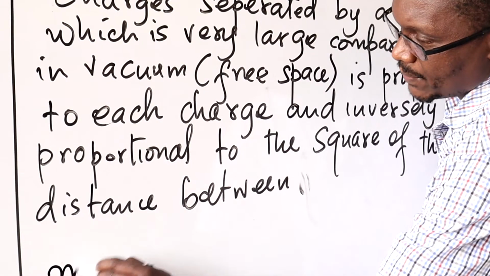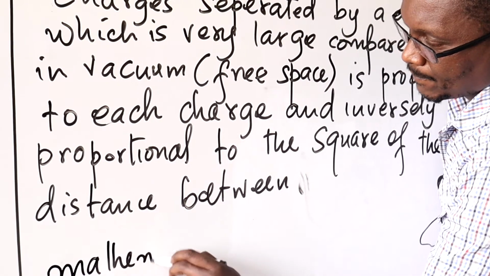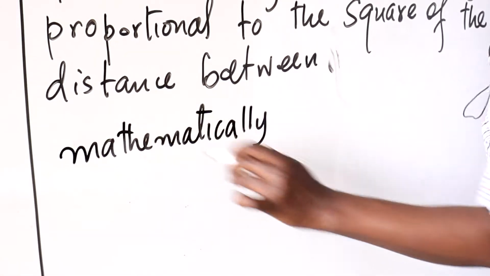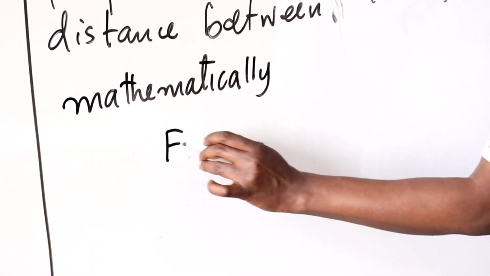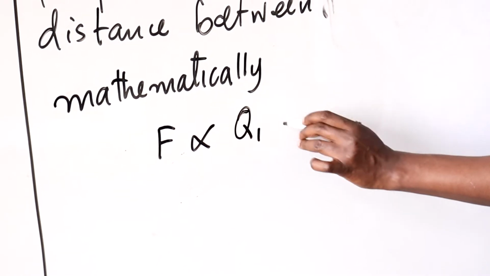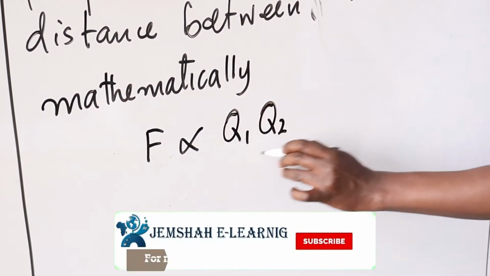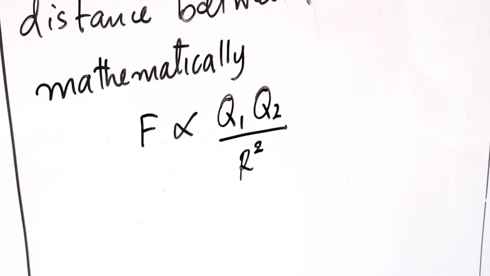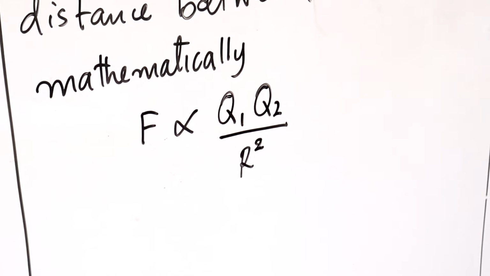So we can have that mathematically and say that F is directly proportional, assume that there are two charges, Q1, Q2, and inversely proportional to the square of the distance between them.